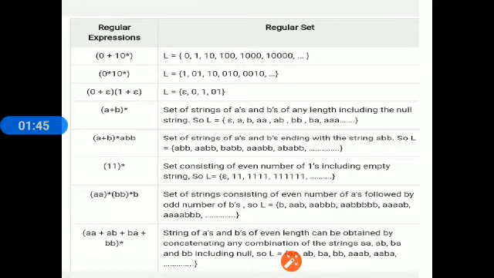So, if only 0 occurs, the set is 0. Then if 1 0 star occurs, 1 occurs, followed by 0 star.